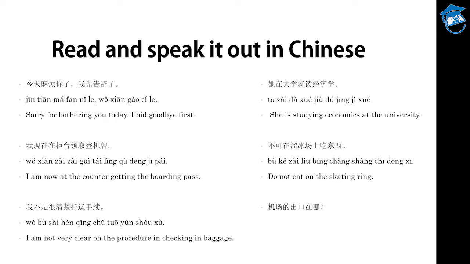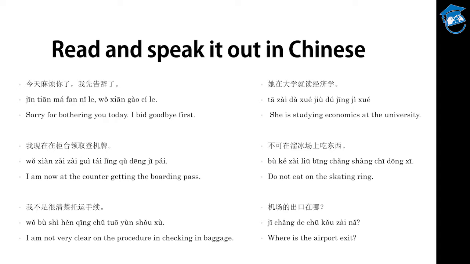Again, we are back to the airport. And can you understand what it means? Okay, this is read as 机场的出口在哪? In English, it is where is the airport exit? Okay, so 机场 is airport. You should know by now. 出口 is exit.